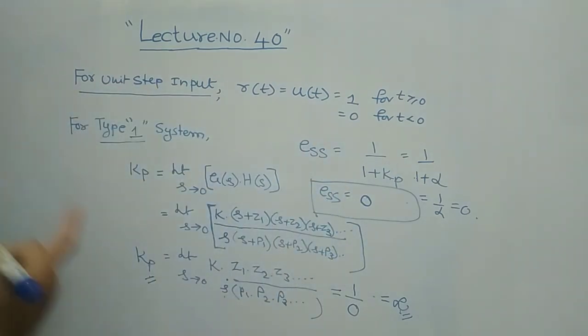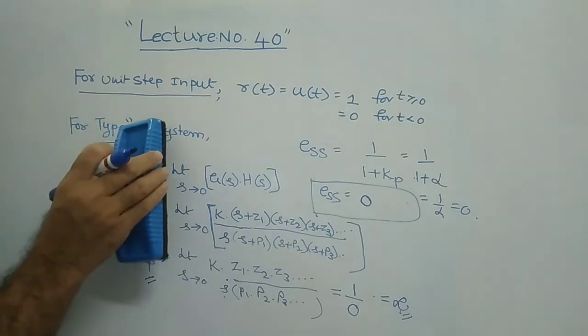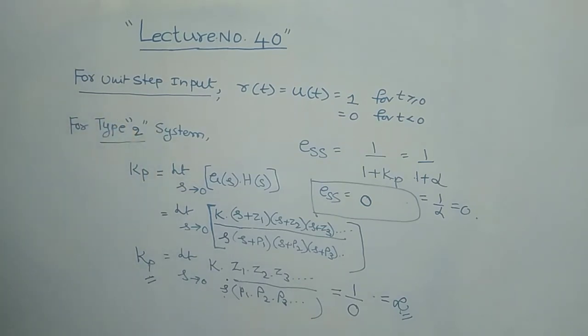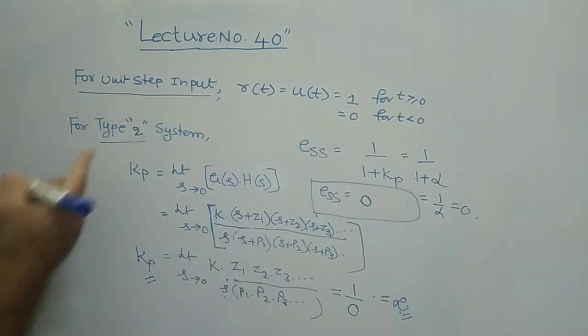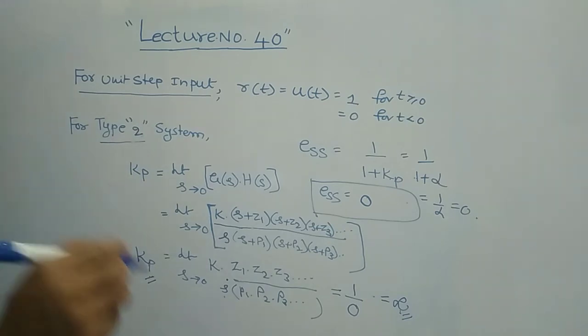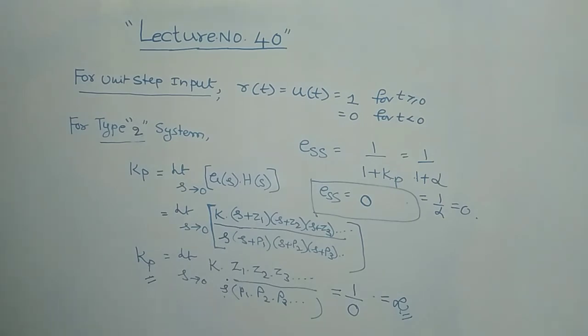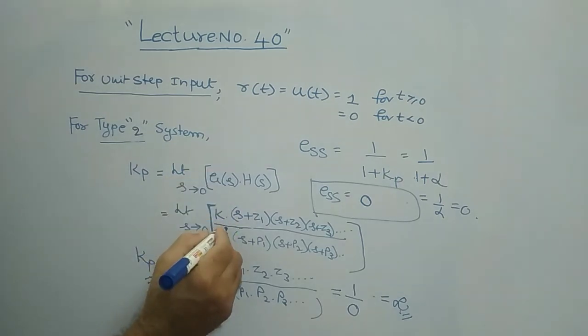And similarly, now come to the type 2 system. I think you already guessed what it could be. Very easy, no? For a type 2 system, in the denominator, instead you should have s square.